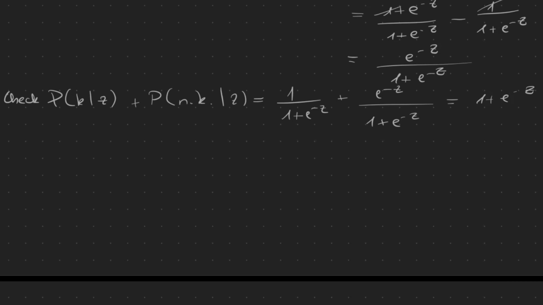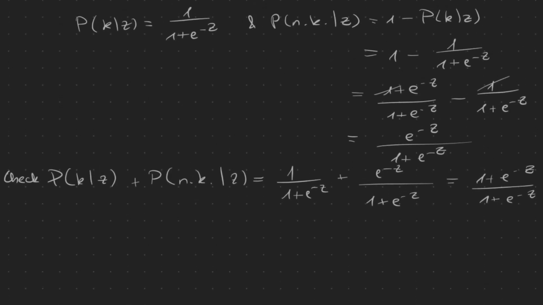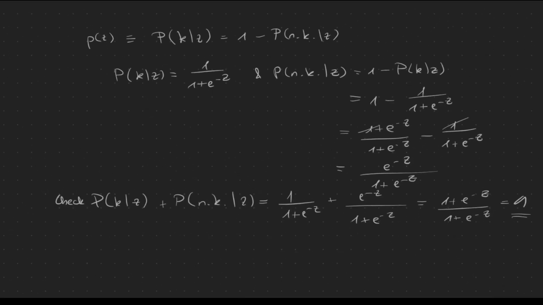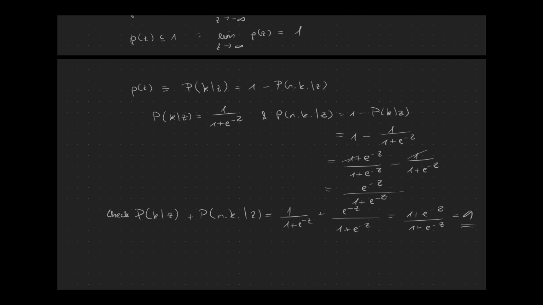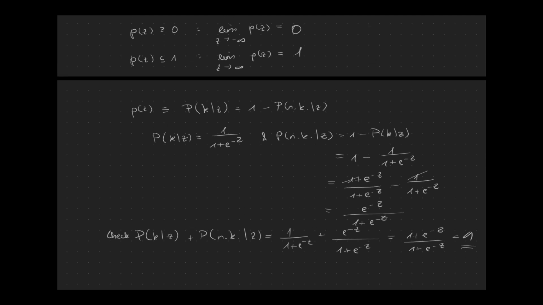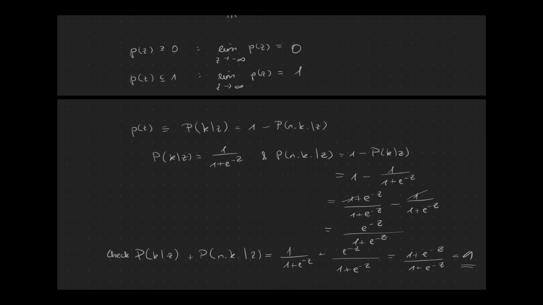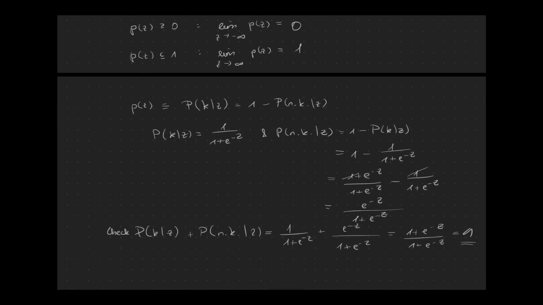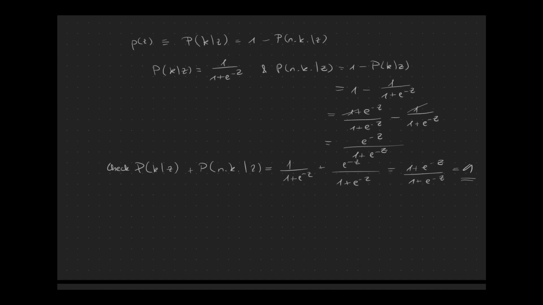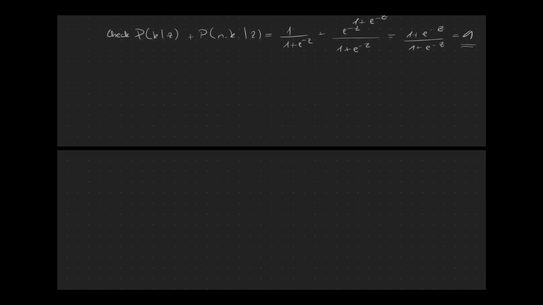And this is 1 plus e to the power of minus z over 1 plus e to the power of minus z. These cancel out, and this is equal to 1. So as we can see, the sum of the probability of obtaining the result plus the probability of not obtaining the right result is equal to 1. And the probability is indeed in the range between 0 and 1. So far, so good.